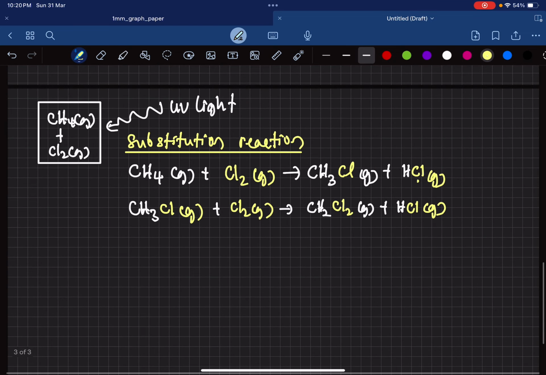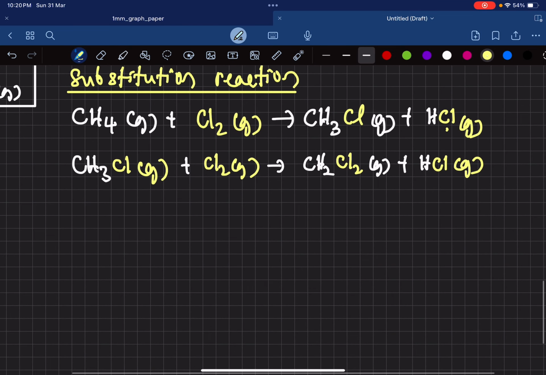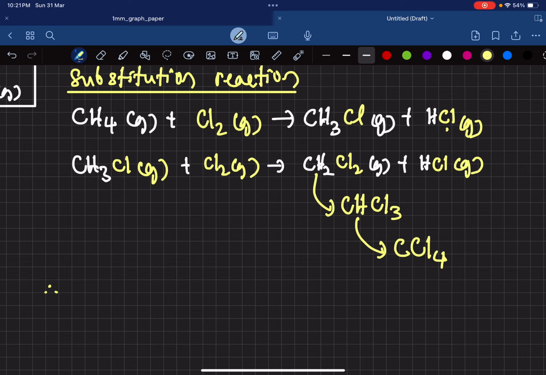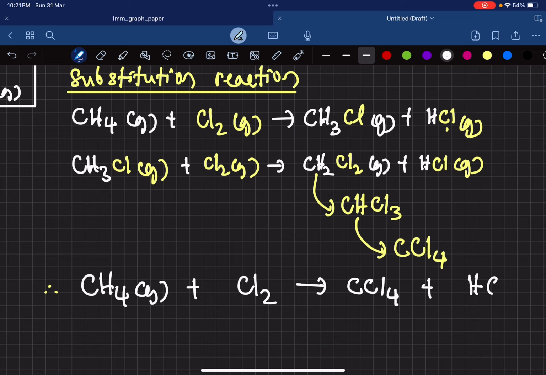So what happened now, you realize the second hydrogen has been removed, and this can go on and on. Then from here you end up getting CHCl3, and then from here you end up getting CCl4. So eventually CH4 gas plus chlorine, you will end up getting CCl4 plus HCl. So if we balance this equation, 4 here, and this would be 4.